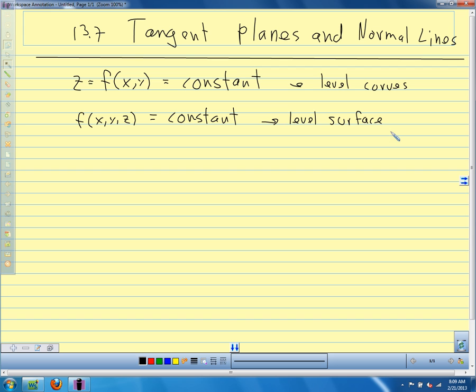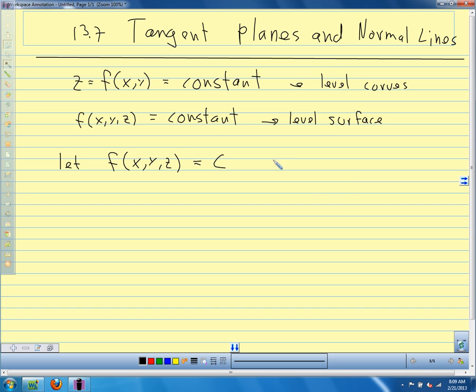And we're interested in what happens with the gradient when we're dealing with a function f of x, y, z equals a constant. What happens on level surfaces? So let's say we have some function of x, y, and z equals a constant.